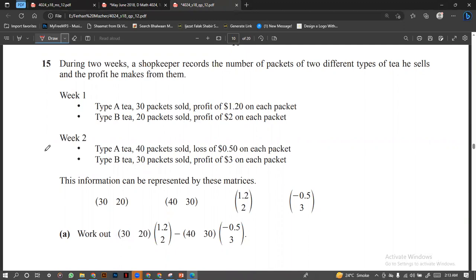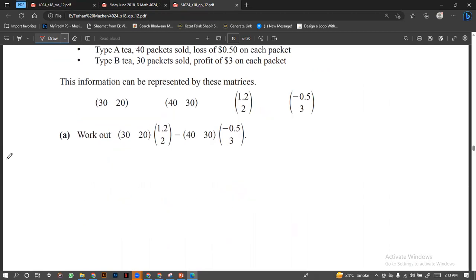Type B tea, 20 packets sold, profit of $2 on each packet. Week number 2, type A tea, 40 packets sold, loss of 0.50 on each packet. And type B tea, 30 packets sold, profit of $3 on each packet. This information can be represented by these matrices.